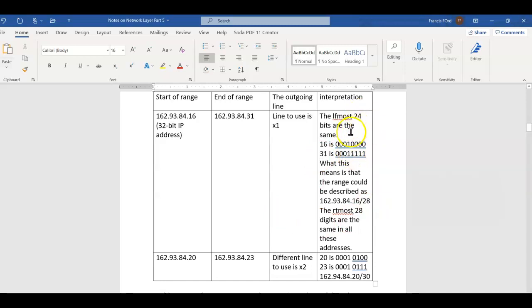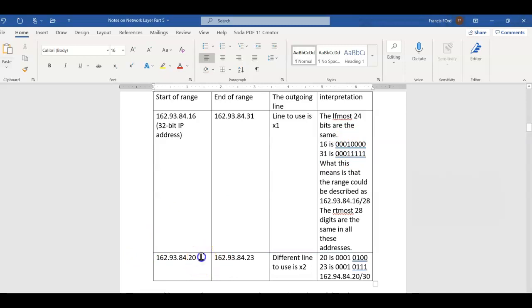So we can take these 24 and these 4, and we could write this in CIDR notation as 162.93.84.16/28. And that means we can change the last 4 bits, nothing else.